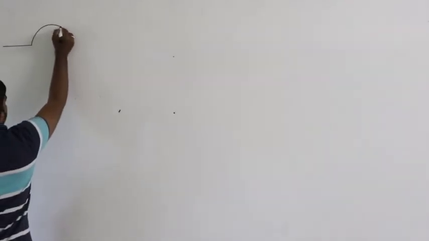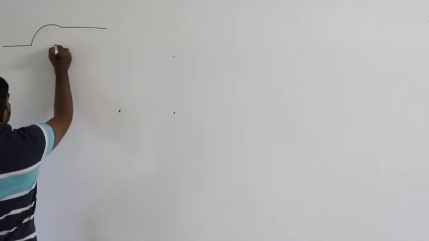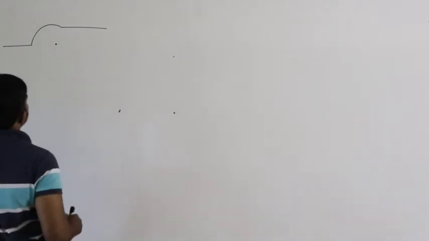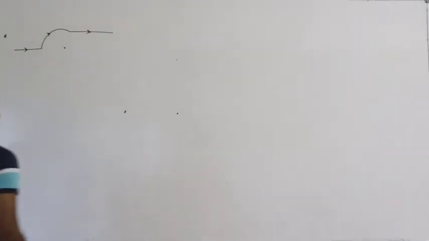So first case, exactly at the center, let us say it is the center. This is the shape of the current carrying conductor, like this. The current is flowing like this.